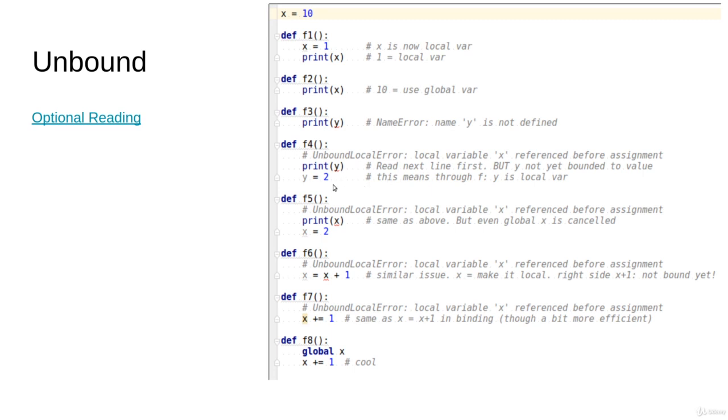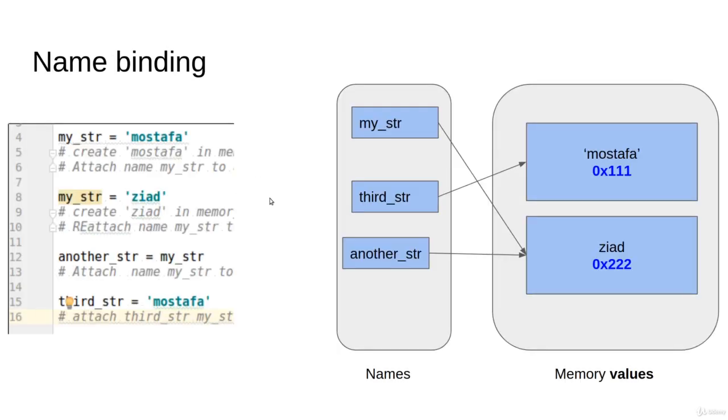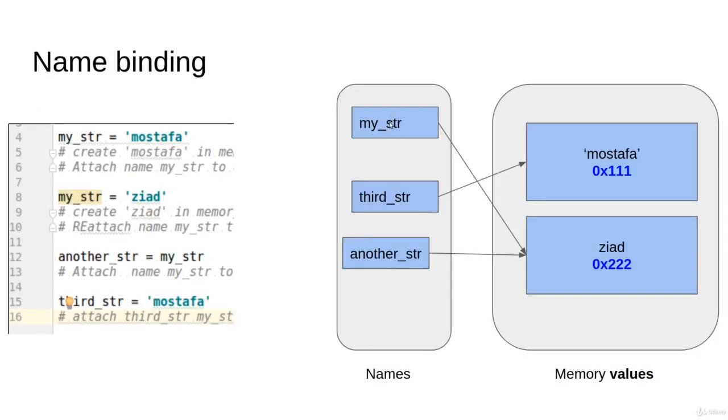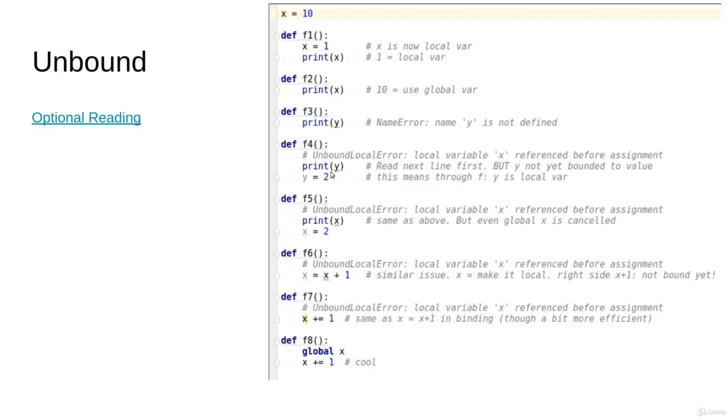To understand that, going back here, imagine that y is here, but as in this line y equal 2, we know it's going to be assigned soon. So y as a name now exists, but it doesn't have an arrow to something. It isn't bound to something. That's why when you come here, it will not tell you that y is undefined. No, it's actually defined.